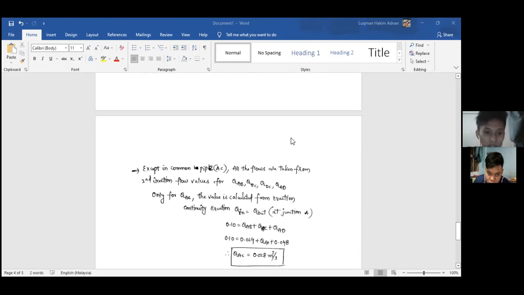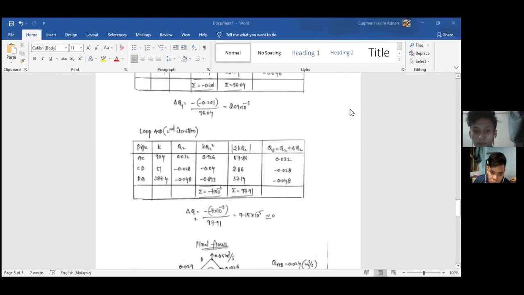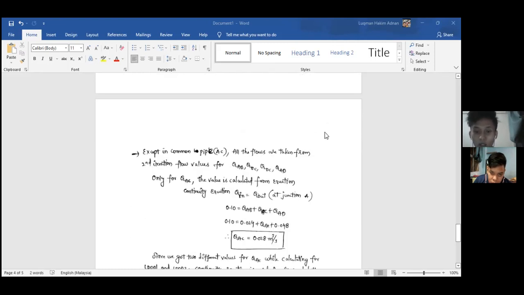For the final part, except for the common part AC, all the flows are taken from the second iteration flow values: QAB, QBC, QDC, QAD. This explains why we need to do two iterations. But only for QAC, the value is calculated from the continuity equation, Q in is equal to Q out.